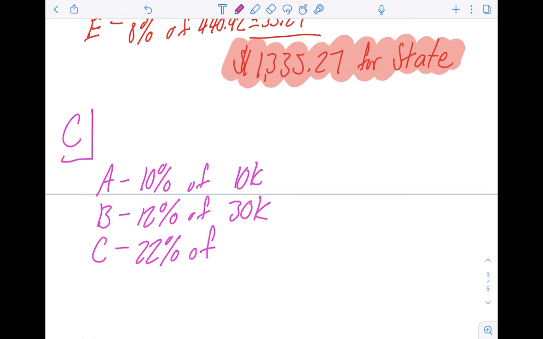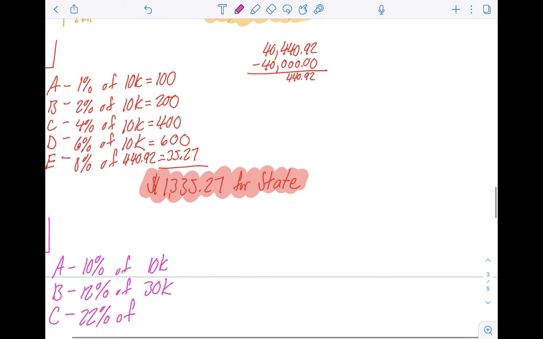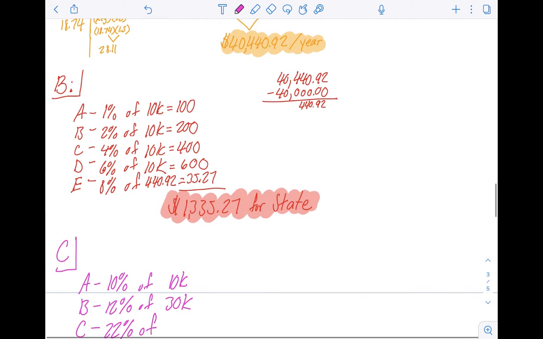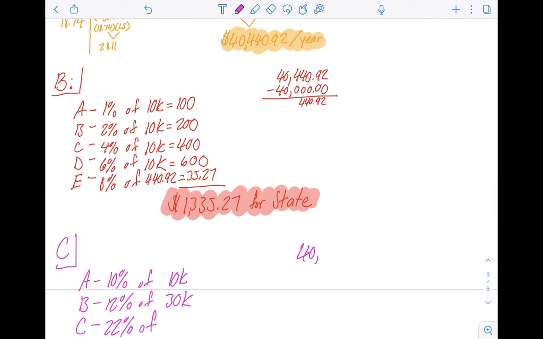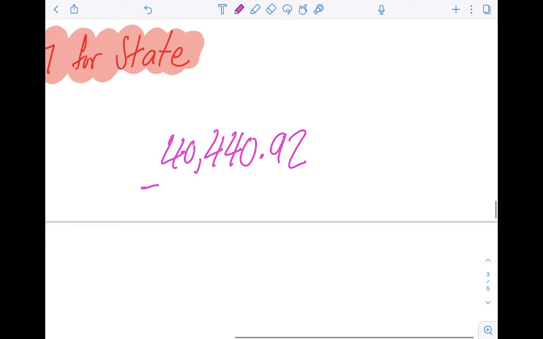Remember, I got to take my total here, which is 40,440.92, and subtract how much I already have here, which is 10,000 plus 30,000 is 40,000. So I got to subtract 40,000 right here like this.